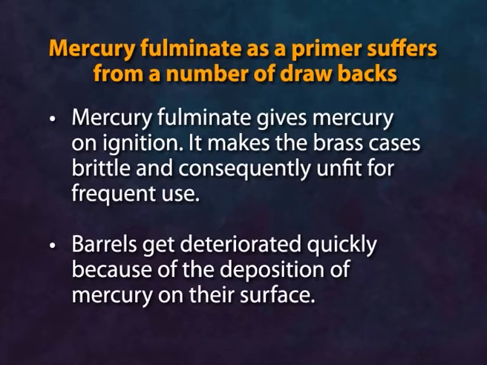However, mercury fulminate as primer suffers from a number of drawbacks. Mercury fulminate gives mercury on ignition. It makes the brass cases brittle and consequently unfit for frequent use. Barrels get deteriorated quickly because of the deposition of mercury on their surface.